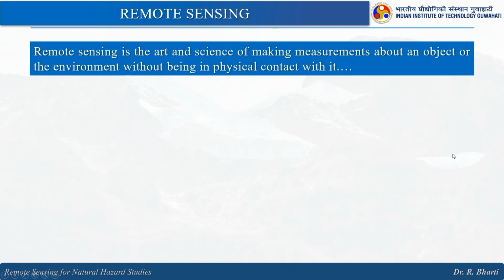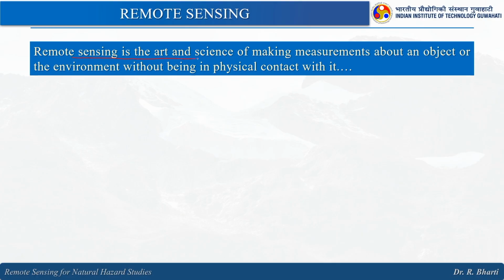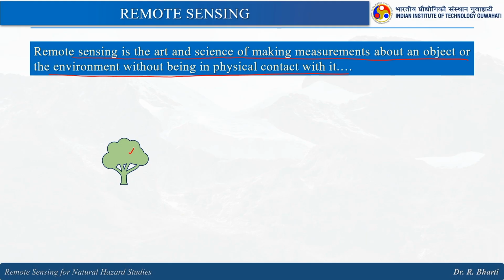Now, let us briefly understand what we mean by remote sensing. Remote sensing is the art and science of making measurements about an object or the environment without being in physical contact with it. To understand the concept of remote sensing, let us take the example of our eyes. When there is an object, light falls on it and then it gets reflected, right.